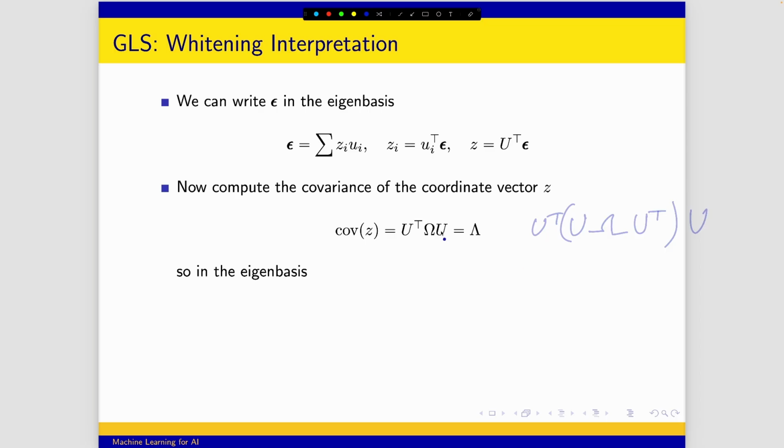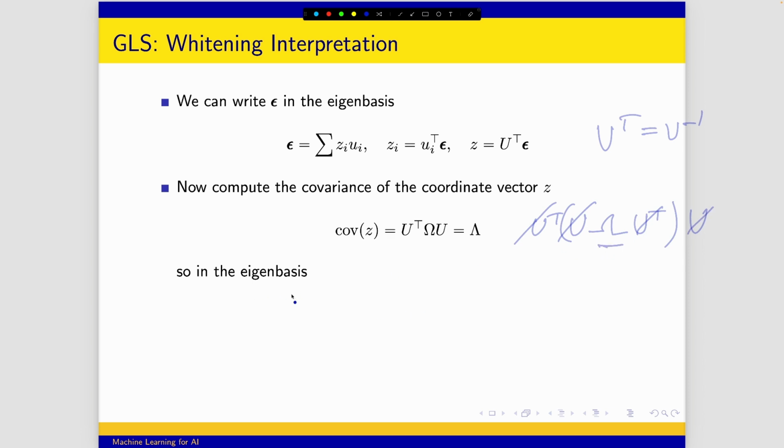And that's multiplied by this final U here. But U, I should have mentioned, is a unitary matrix. So U transpose is its inverse, right? And therefore U transpose U is the identity matrix. So that's just the identity. And U transpose U, again here, is the identity. So we're left with just this.